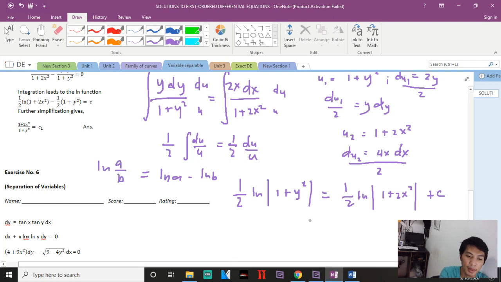Ganun. So, cancel na natin itong dalawang to. Pareho lang naman. So, this will be c equal to, anong sign nitong c? Equal to 1 plus 2x squared over 1 plus y squared. Okay, so pwede natin siya simplify. This will be the final answer.